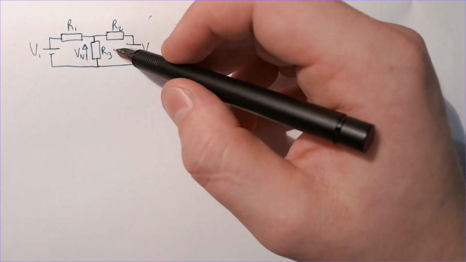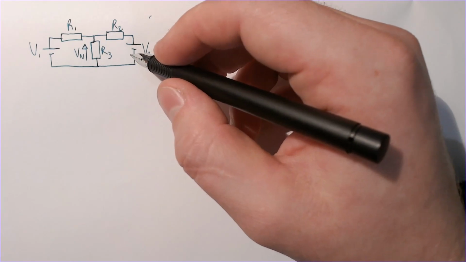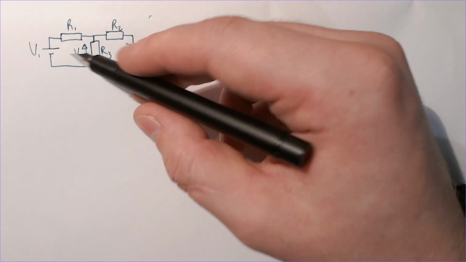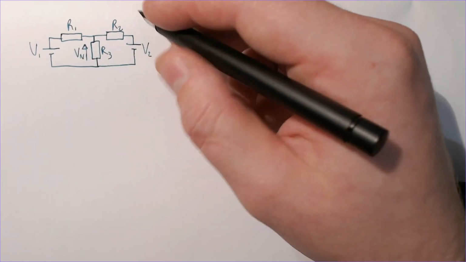Superposition is the idea that each voltage or current source can be replaced by its circuit equivalent without the voltage or current being there. So a voltage source will be replaced by a short circuit and a current source will be replaced with an open circuit.